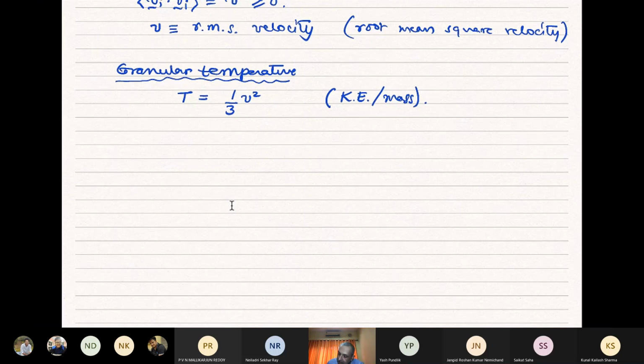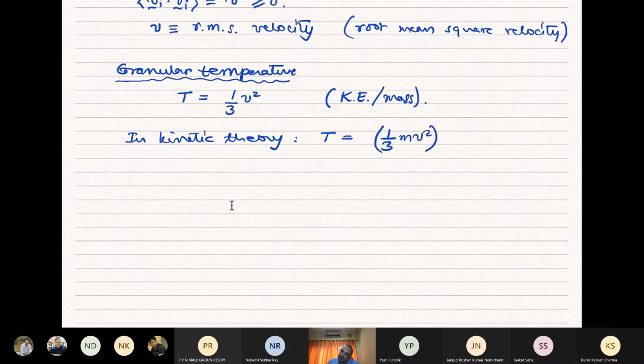If you go and look at any book on kinetic theory, you will see that in kinetic theory, the temperature is defined as 1/3 m v squared.